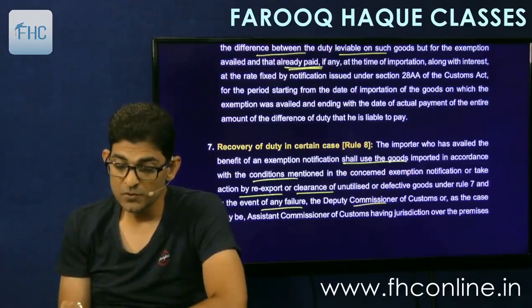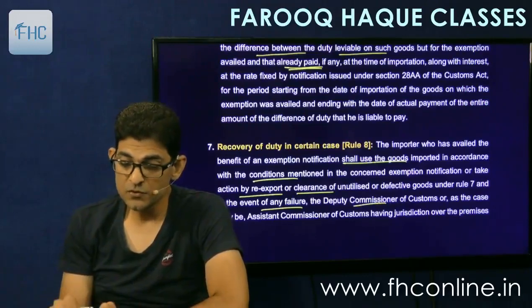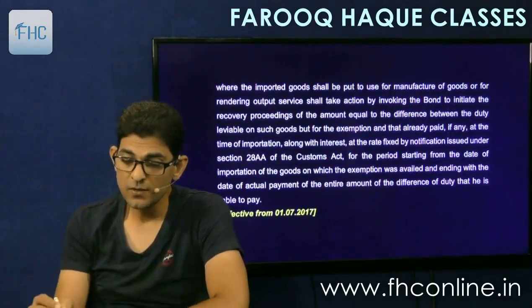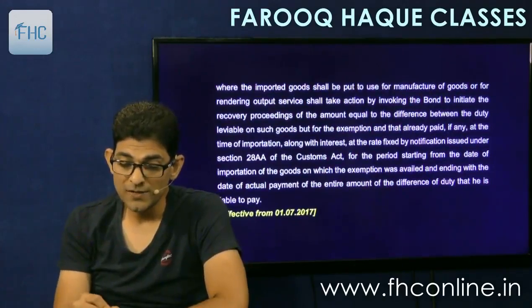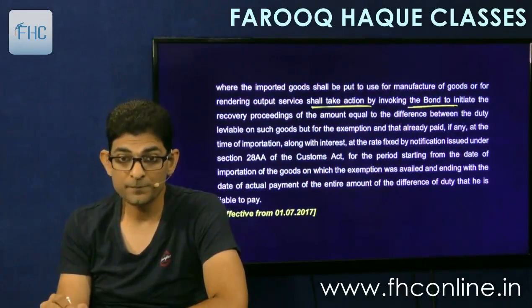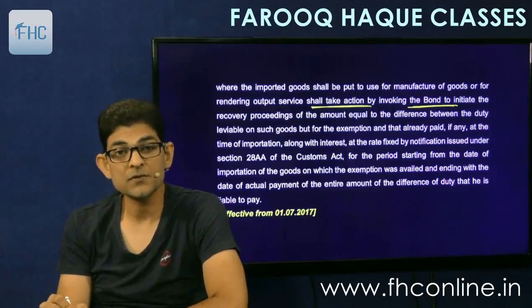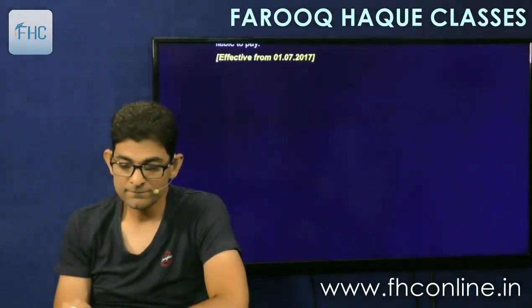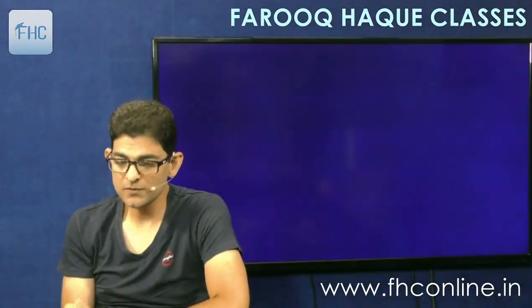The deputy commissioner or the assistant commissioner, as the case may be, having jurisdiction of the premises where the imported goods shall be put to use, shall take action. The ACDC shall take action by invoking the bond to initiate the recovery proceedings along with interest. Simple. So it's a simple procedure.